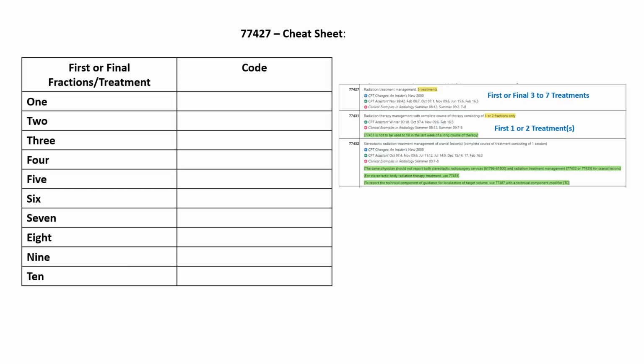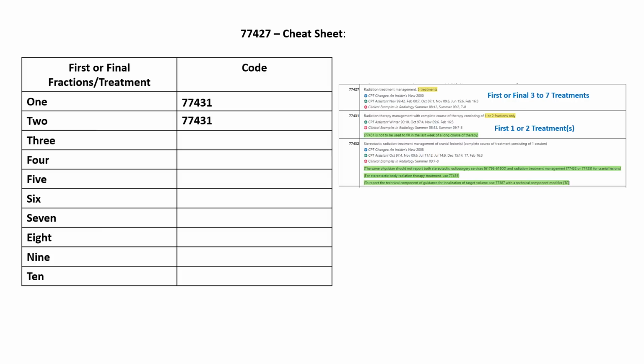Only. All right, so if I ask you, coders, if a patient only had 1 dose of radiation, what would you code? And you would say 77431. Absolutely, because you're coding for only one, the first one. What if they had 2 doses of radiation?